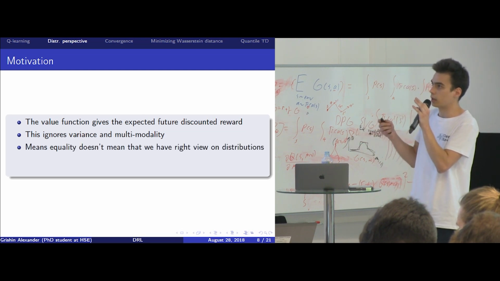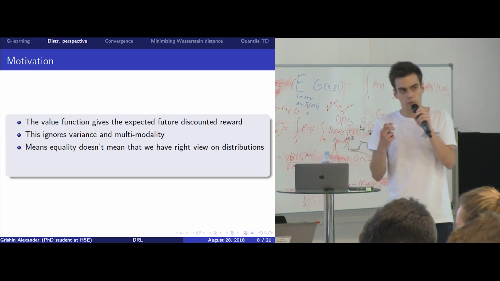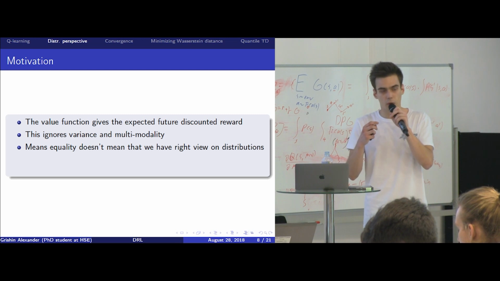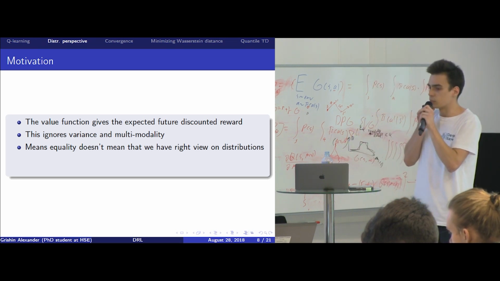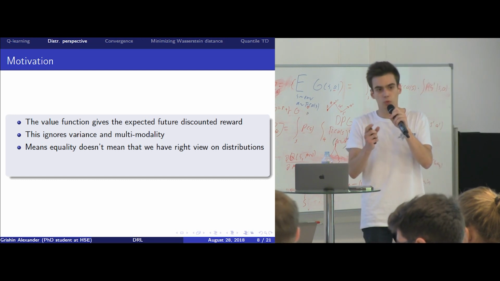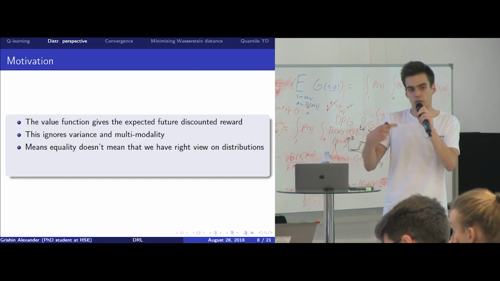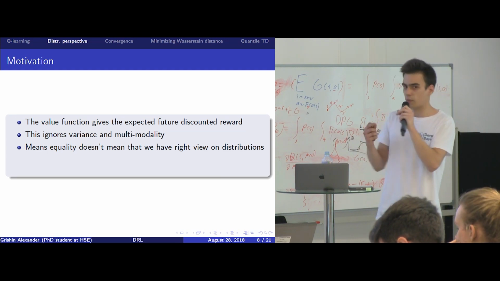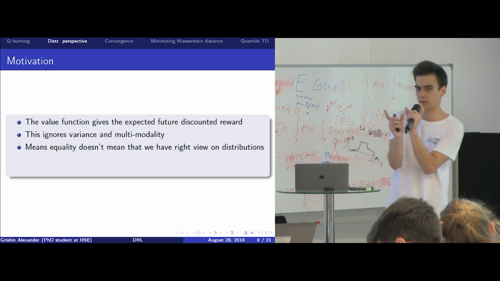Then, in the case of Q-learning, equality of means doesn't mean, in fact, that we have the right view of the distribution. If we try to match distributions, we can have distinct distributions with equal means.